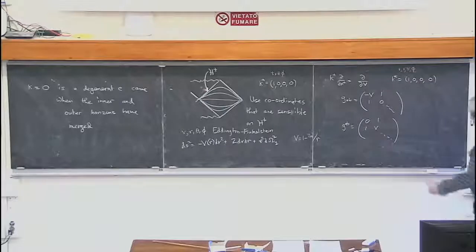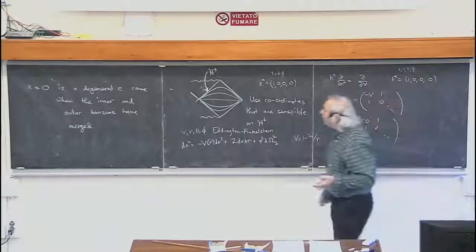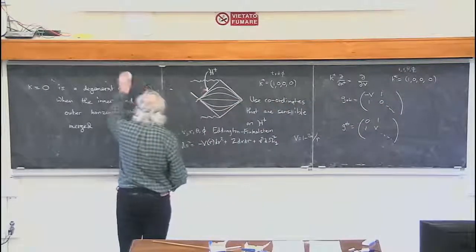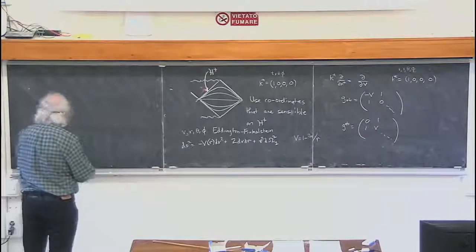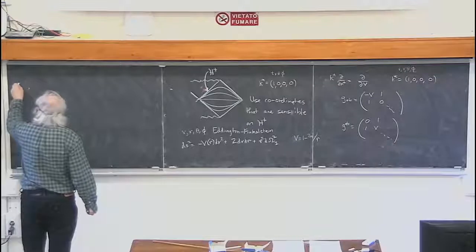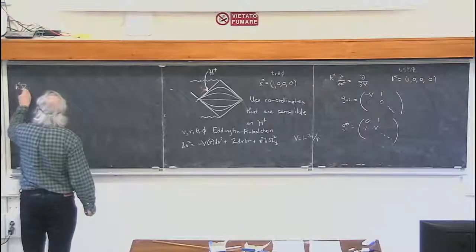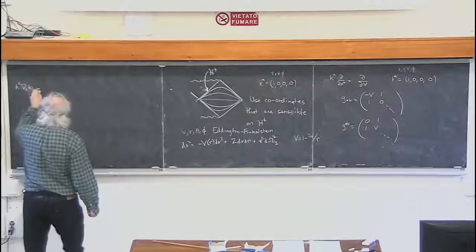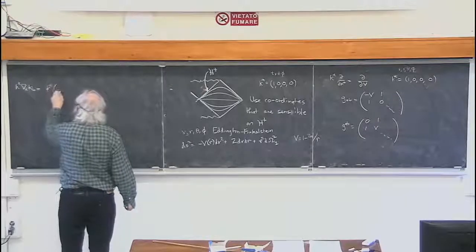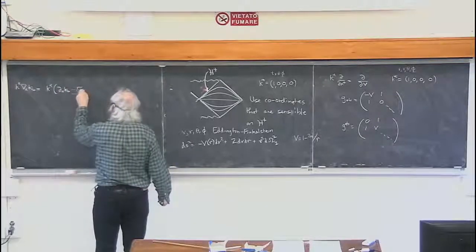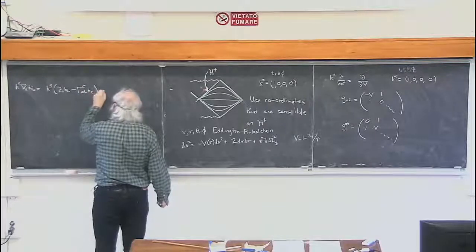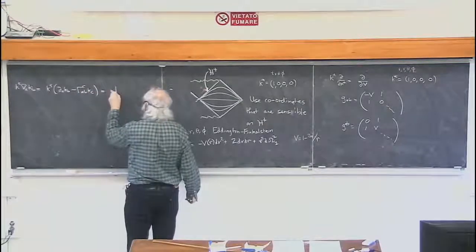Now we can just write out the geodesic equation. Ka del a Kb is the same thing as Ka partial da Kb minus gamma abc Kc, is equal to kappa times Kb.